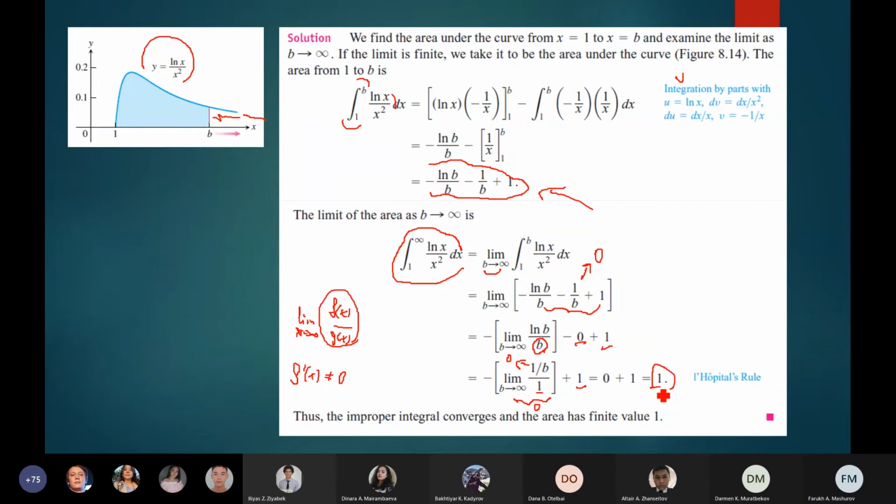That's all. Okay, and we say that this improper integral converges because the limit of this object exists. Yeah. Okay. Any questions here? No questions.